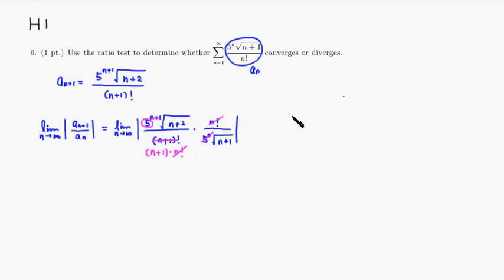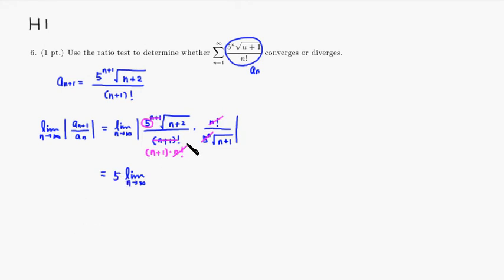So this is going to be equal to the limit, then you have 5. The 5 has nothing to do with n. N is going to infinity, so 5 is going to be out here.